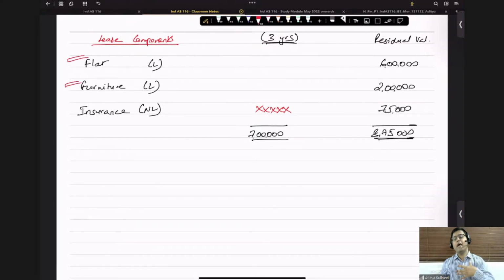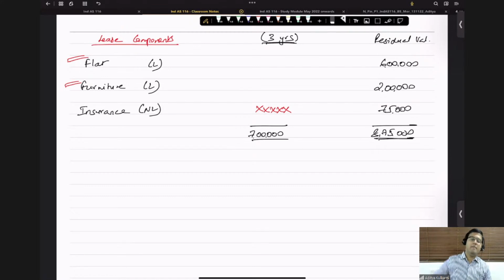Obviously, if I have to put an expense in the profit and loss in respect of a non-lease component, I can put the expense only if I get a benefit out of that expense. यहाँ पे तो कुछ benefit है ही नहीं. Here there is no benefit, and therefore I cannot allocate anything to that. I will allocate everything to flat or furniture.